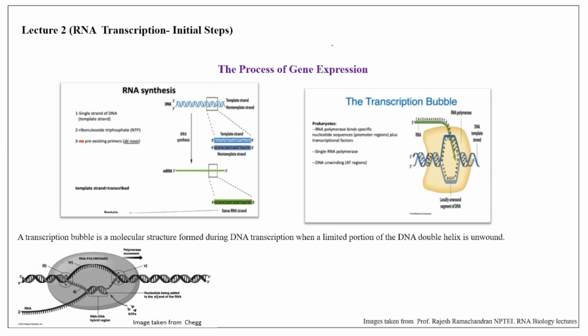Suppose this is your DNA, this is double-stranded, right? Now, both the strands are separated. Now both the strands will act as a template for the formation of DNA molecules. This is replication.